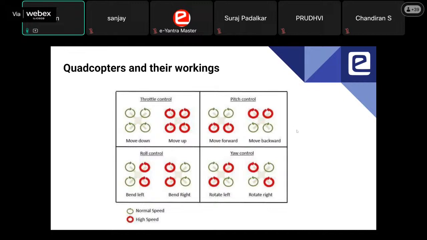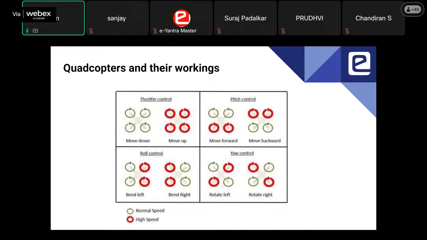I said pitch was the rotational motion around the y-axis. If you want to move forward, this is the front of the drone and this is the back of the drone, the back two rotors and the front two rotors.